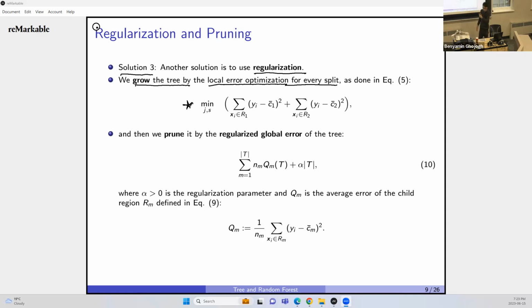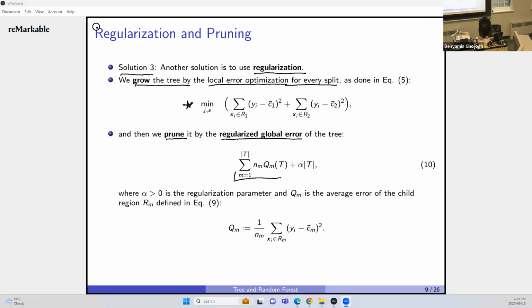Using this, we grow the tree. Using this, we find out at every split which dimension J I should split over, and which threshold S. Then you grow as much as you want, and then prune it. So prune it by the regularized global error.